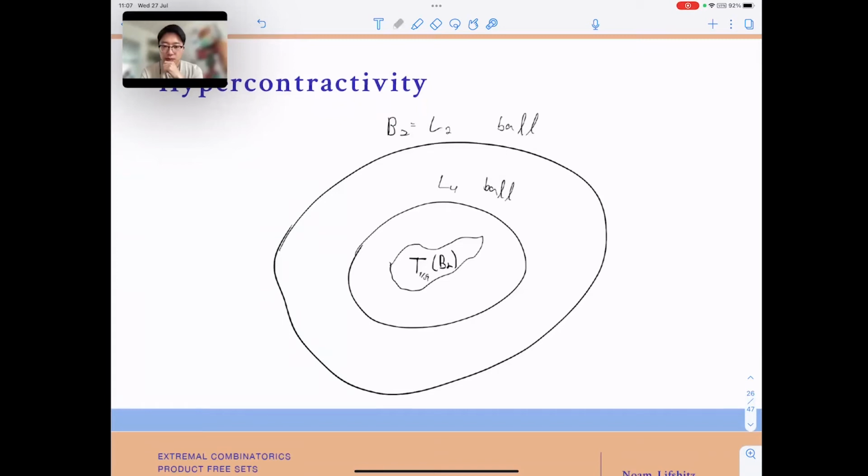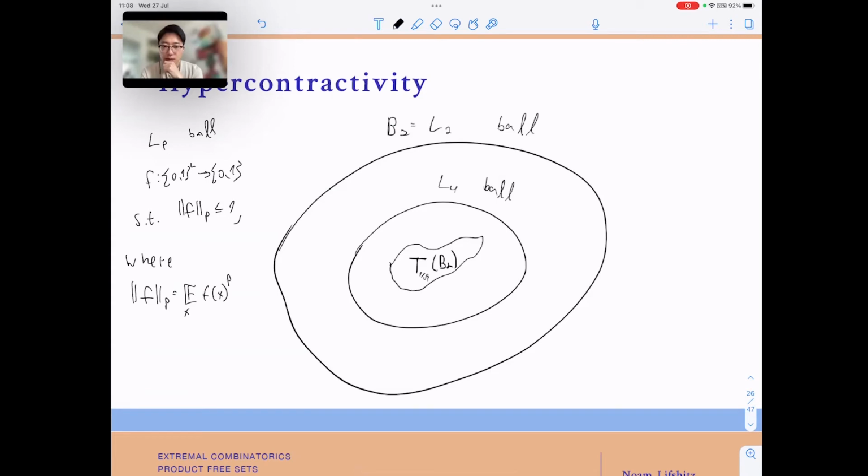So you can define the Lp ball by taking all F on the Boolean cube such that the p-norm of F is at most 1, where the p-norm of F is equal to the expectation over X of |F(X)|^p, to the power 1/p.